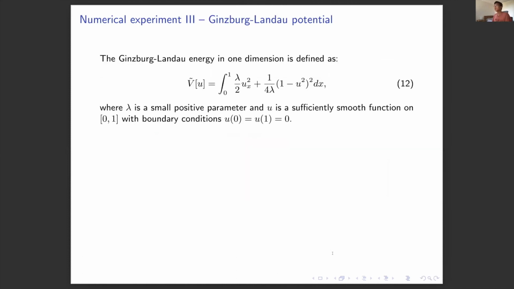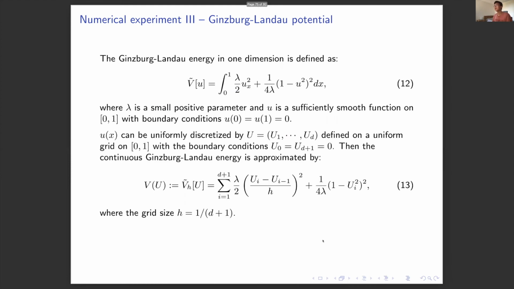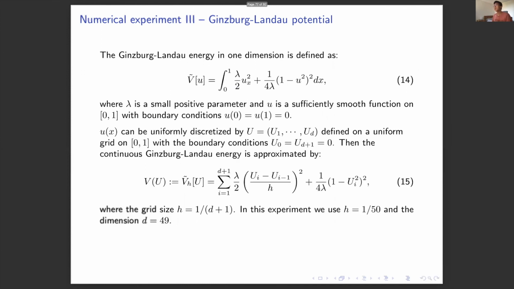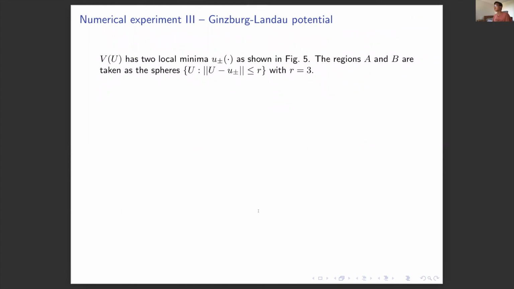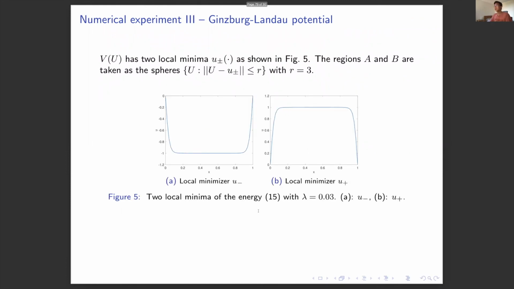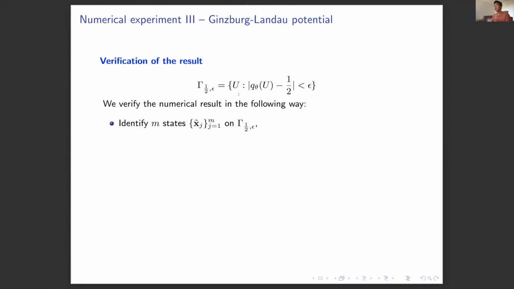And the last numerical example is the Ginzburg-Landau potential. So it is obtained by uniformly discretizing this Ginzburg-Landau energy in one dimension. Okay. So the potential has two local minima as shown here. And the regions A and B are taken as Euclidean balls around these two local minima. And in order to verify the result, we first identify M states on an approximate 1/2 isosurface.